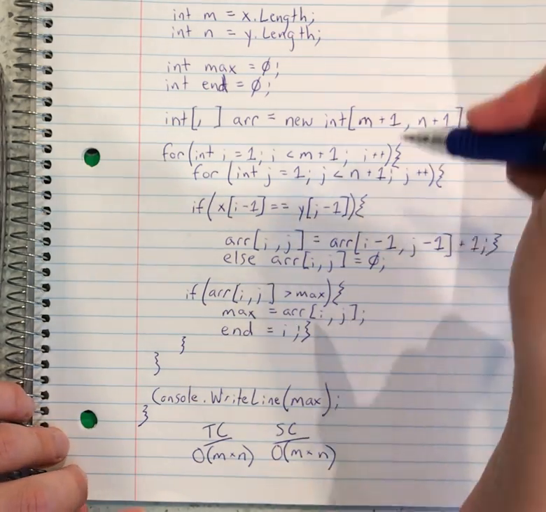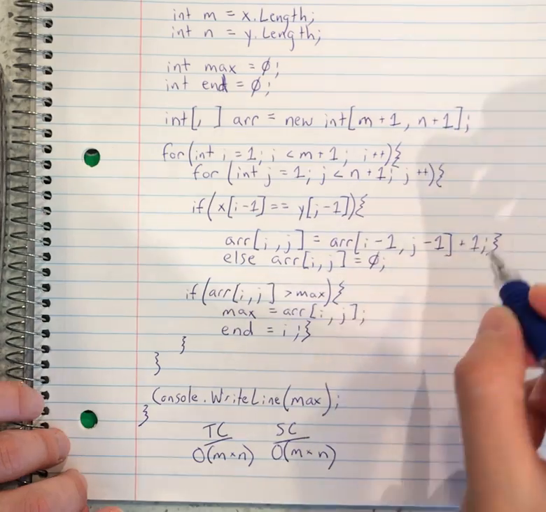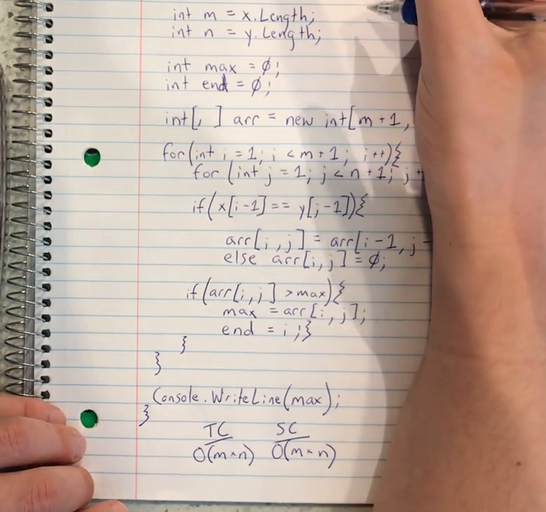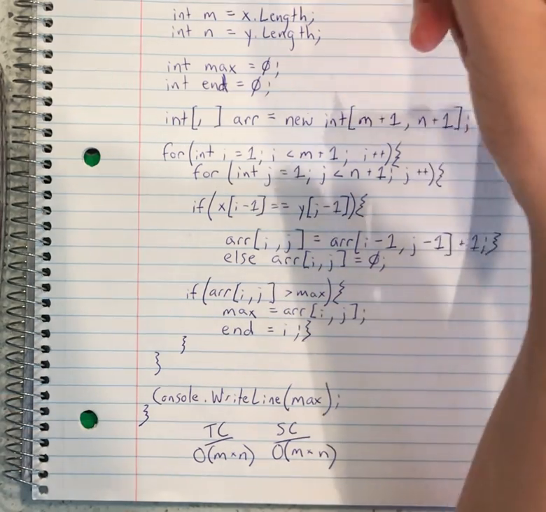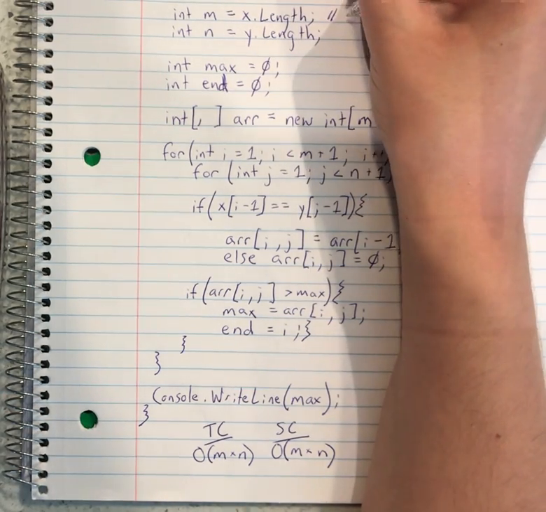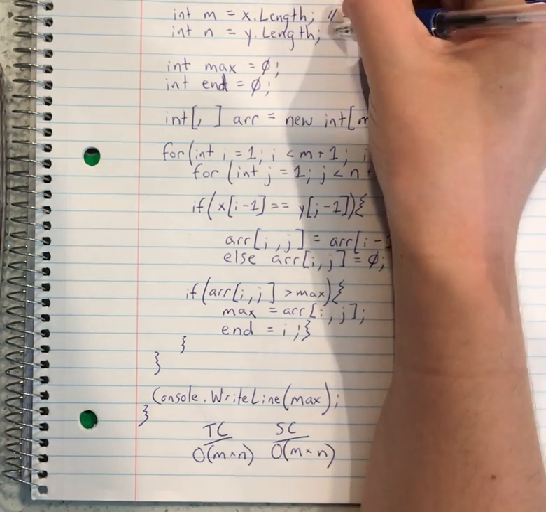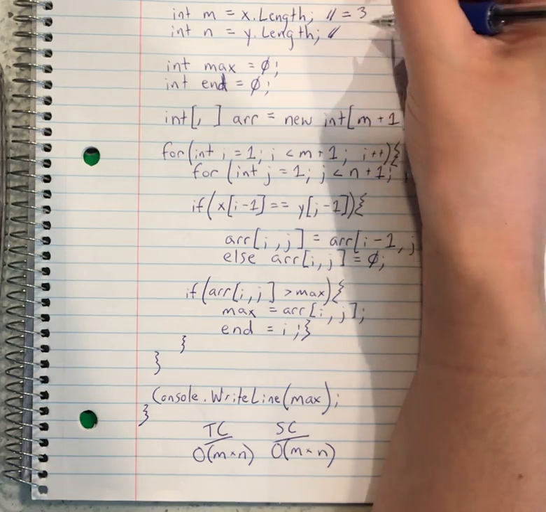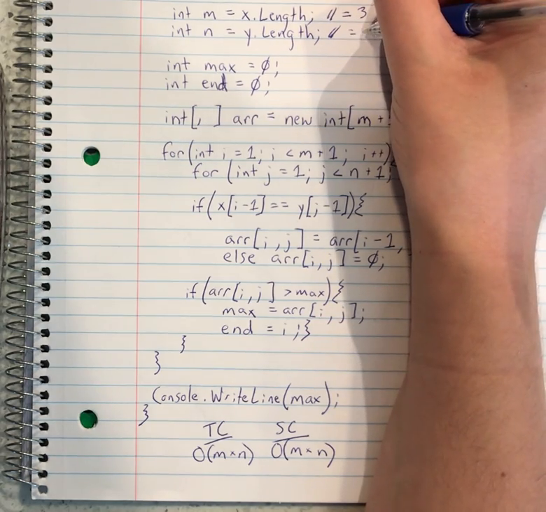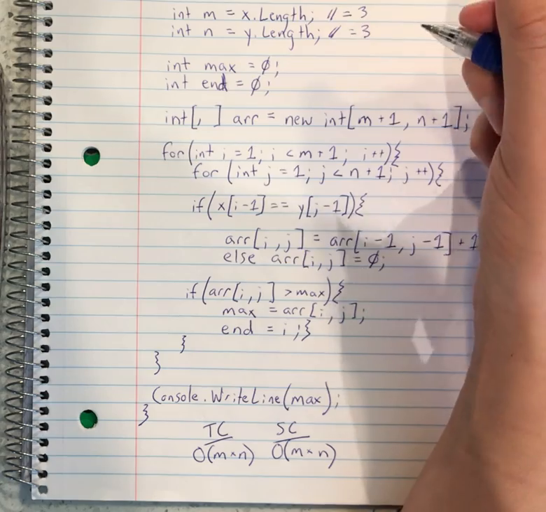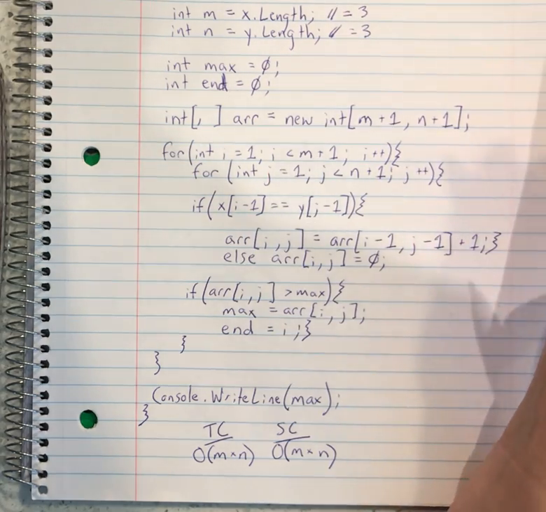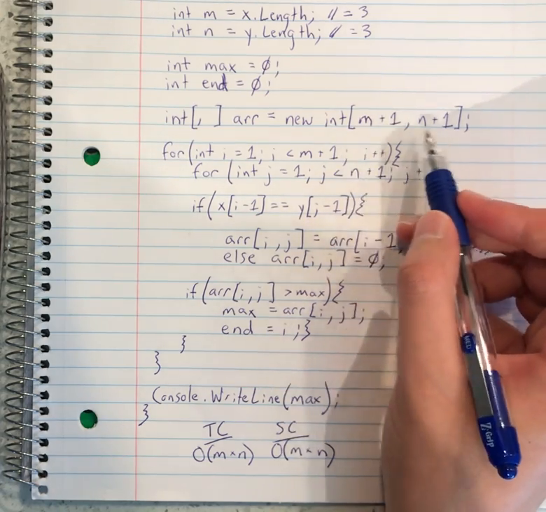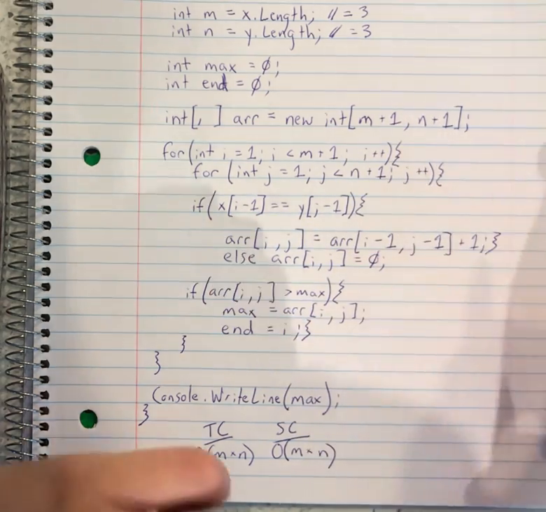Now, I'll walk through with this example what's happening in the code. I'll do it as if I'm commenting here. m is going to be 3, and n is going to be 3 here. Max is 0, end is 0. Perfect. So we're creating a new array of these dimensions.